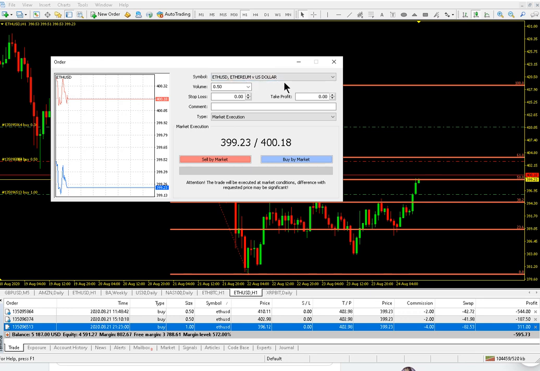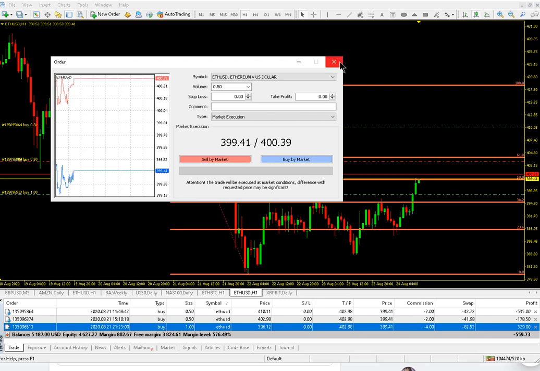So like you see here, there's a bid and ask price. The bid price is lower than the ask price. If you sold, you would be paying that bid price, and if you bought, you would be paying that buy price, and the price in between is called the spread.